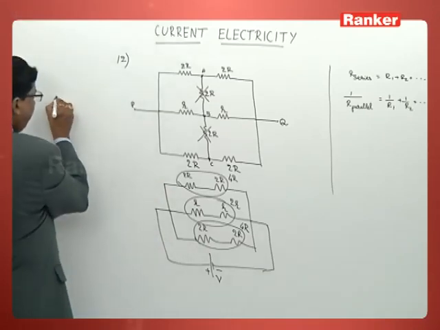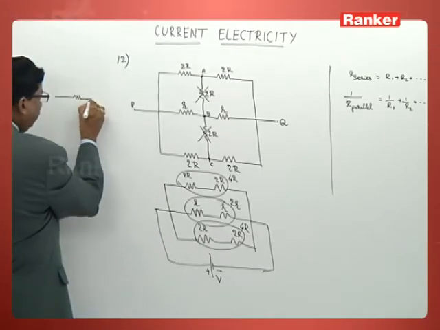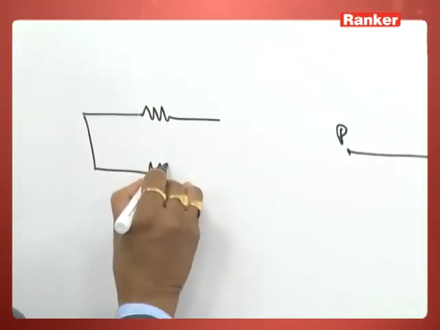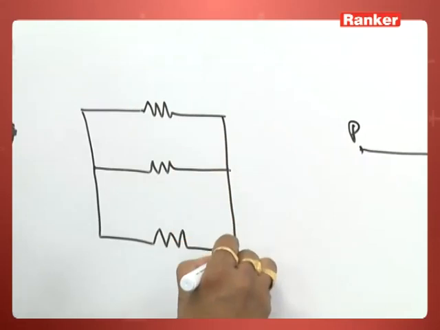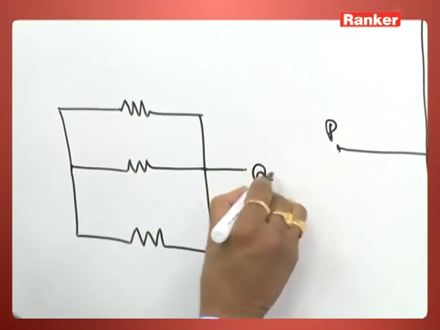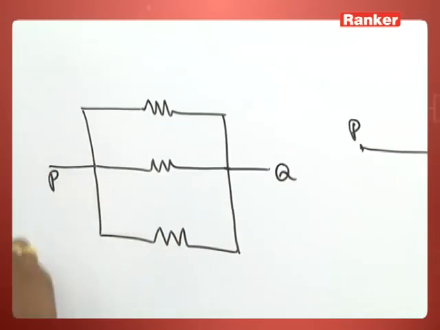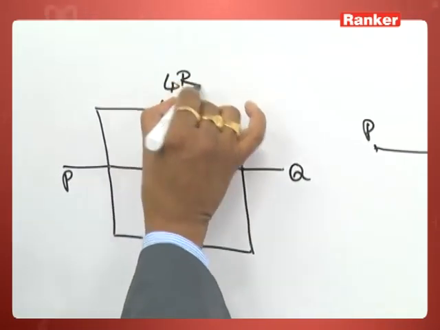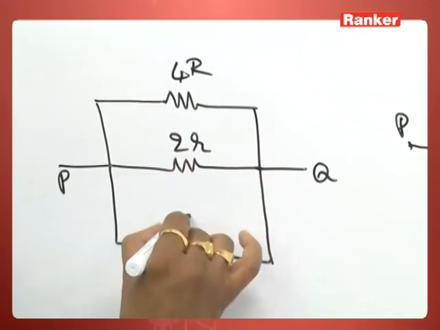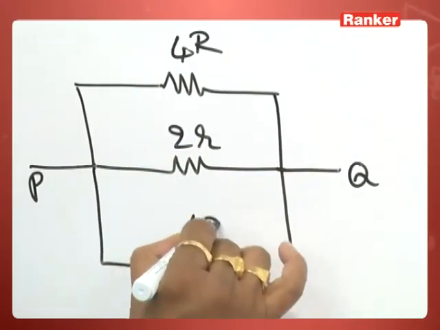That is equivalent to 3 resistances connected in parallel this way. This is the point say Q, this is the point say P. Then this is 4R, this is 2R, this is 4R.